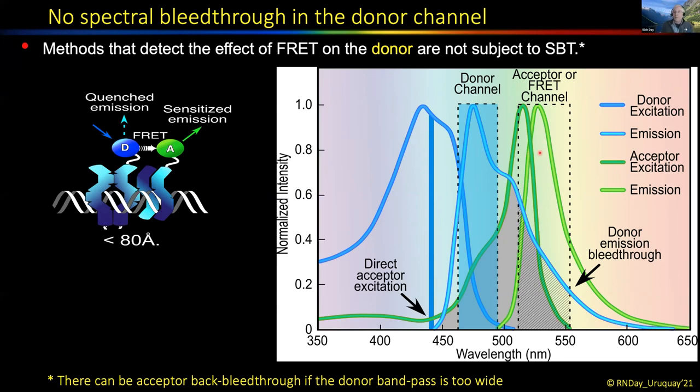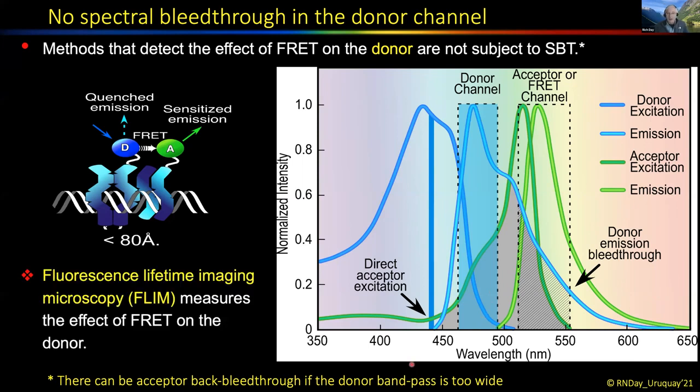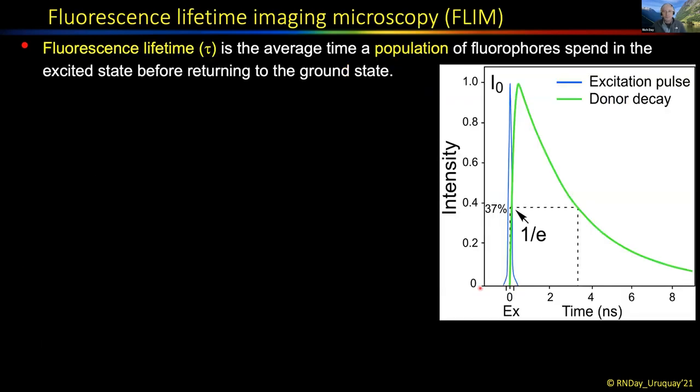However, the beauty of FLIM, of course, is that we don't measure the acceptor. We don't even have to know much about the acceptor at all. We simply measure the effect of FRET on the donor. So our measurement is in the donor channel, and provided I've set that channel properly, there is no spectral bleed through in the donor channel. So fluorescence lifetime measures the effect of FRET on the donor, and there's no spectral bleed through in that channel.